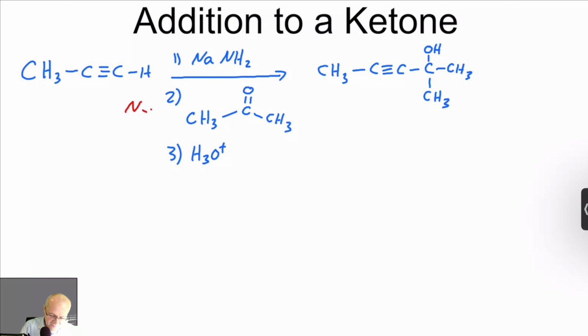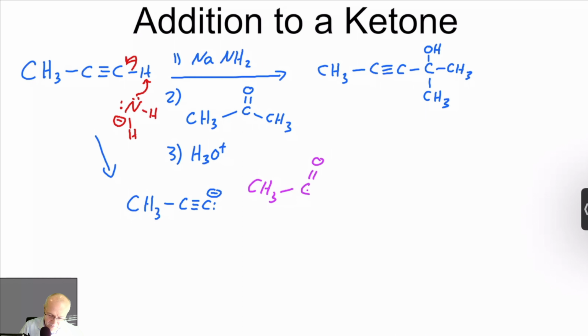Again, deprotonate, first step. Mechanism is exactly the same as you just saw in the last two examples. Deprotonate to form the anion. And then draw in the ketone. Lone pair attacks the carbonyl carbon.